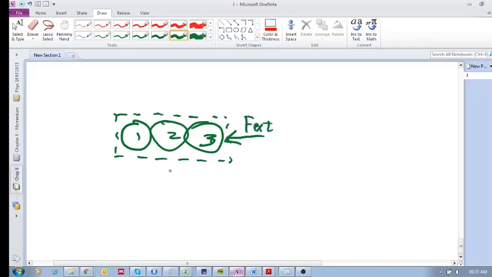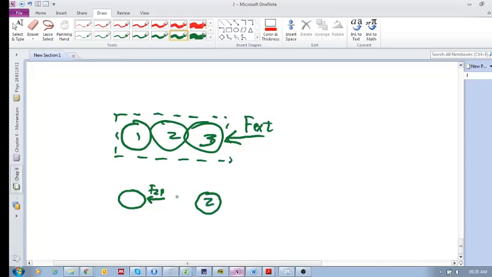Then if we take a look at 1, what are the forces acting on 1? The only force acting on 1 is F2 on 1. What are the forces acting on 2?